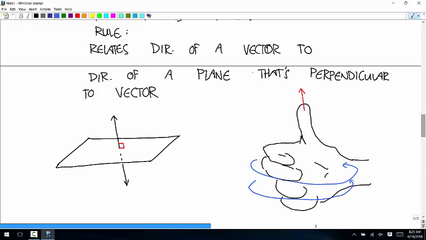So the thing that you said about coordinate axes: if we have a coordinate system like x, y, z coming up towards us, start your fingers at the x-axis, rotate them up to the y-axis, then your thumb is in the z direction.